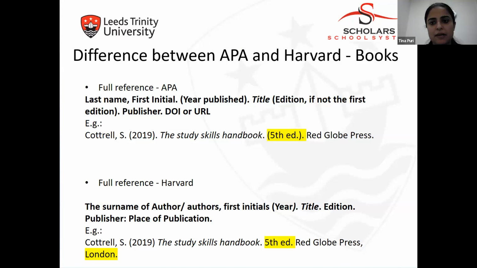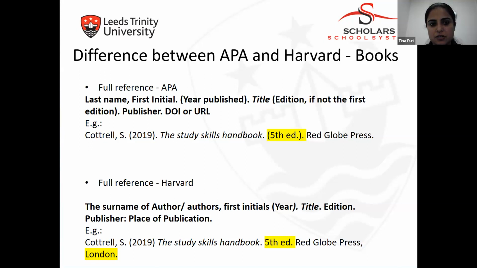Difference between APA and Harvard. The full reference in APA: last name, first initial, year published, title, edition if not the first edition, publisher, DOI or URL. An example is given: Cottrell S., 2019, The Study Skills Handbook, 5th edition, Red Globe Press.